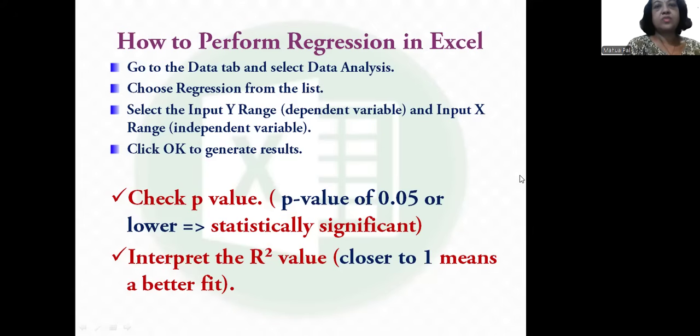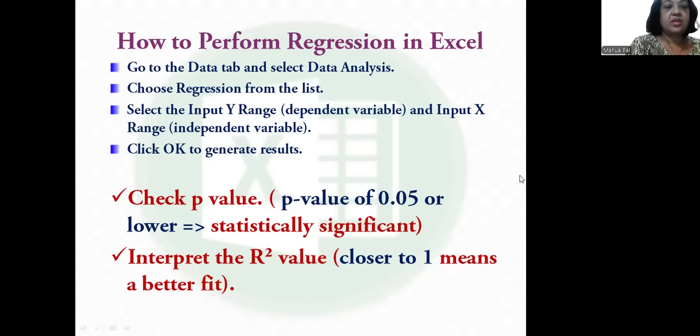The result will be visible on the screen, but we have to focus on a few values. The first one is the p value. The p value must be 0.5 or less than that. Then the variables are statistically significant. In regression analysis, a p-value indicates how likely it is that the observed data could have occurred by chance.